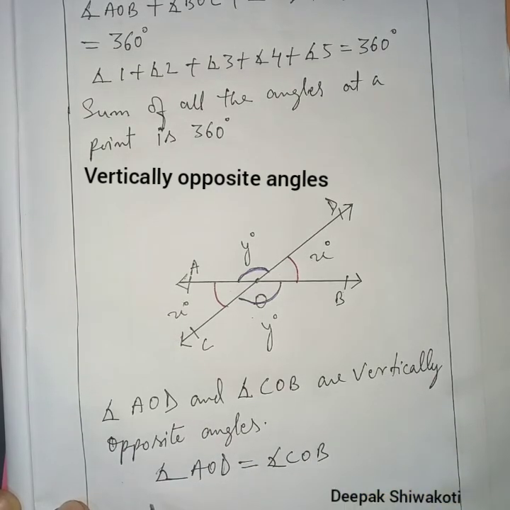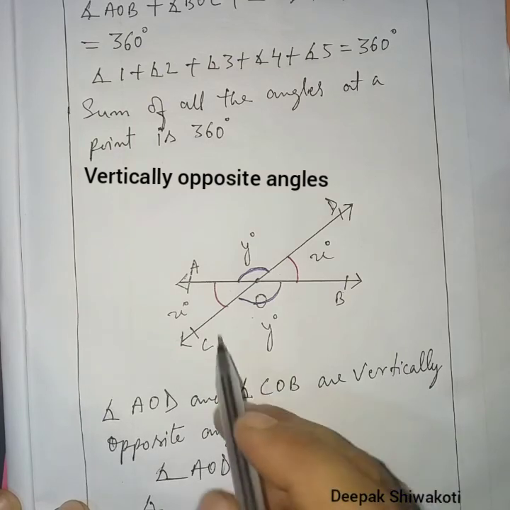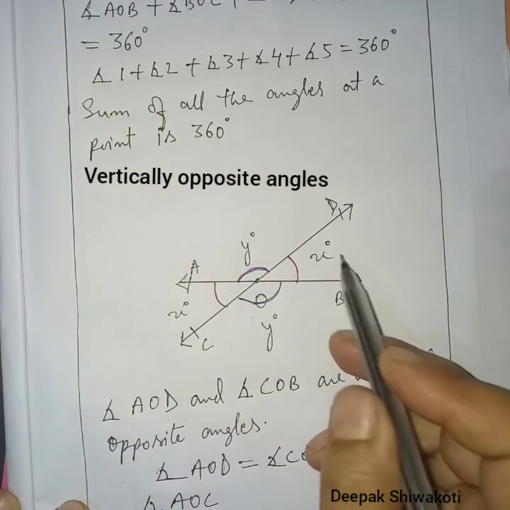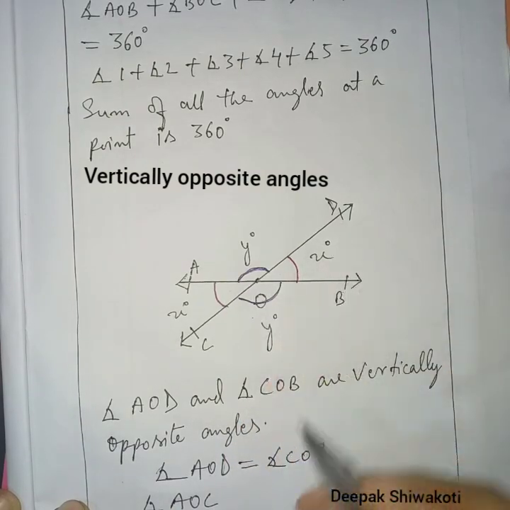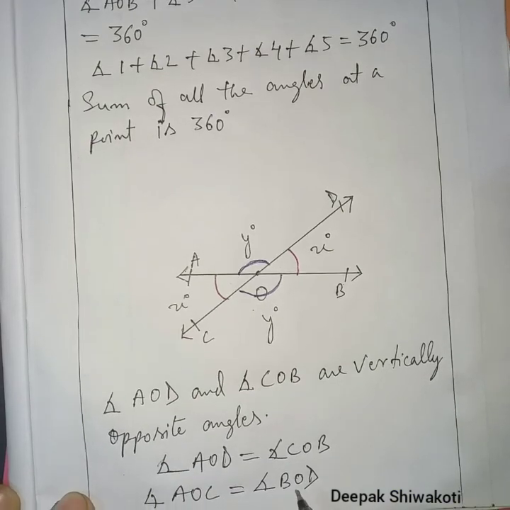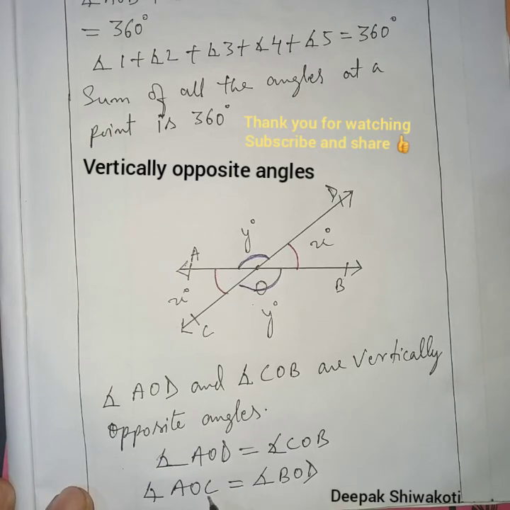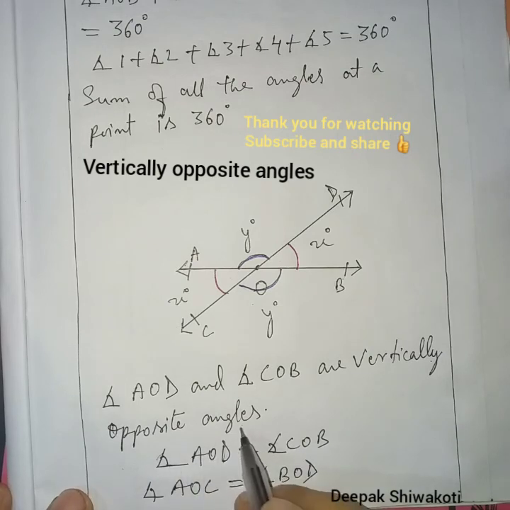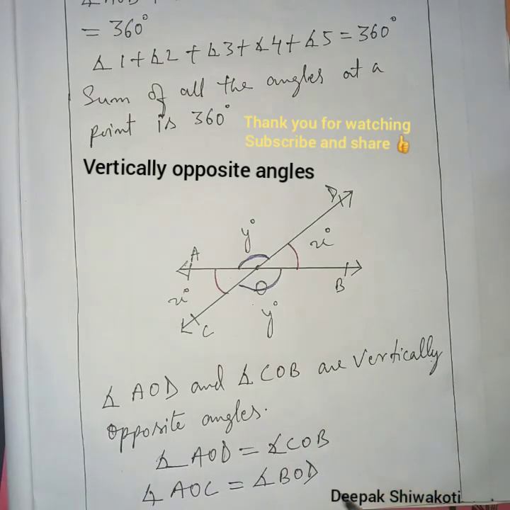Similarly, angle AOC is opposite to angle DOB, or you can call it angle BOD. So these two angles are also equal. Why? They are vertically opposite angles. So in this way, we have learned a few properties on angles and lines. Do remember them for doing exercise 17b. Thank you very much.